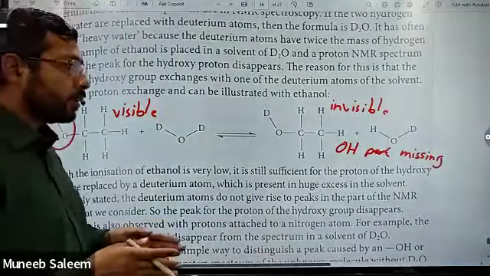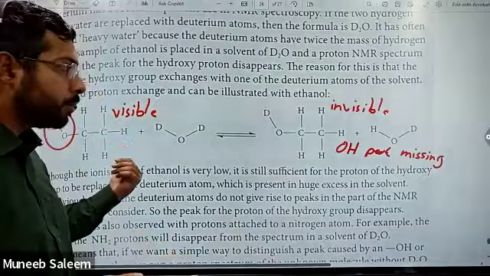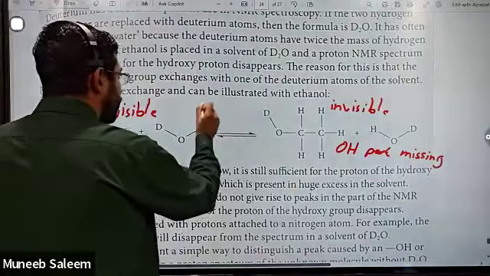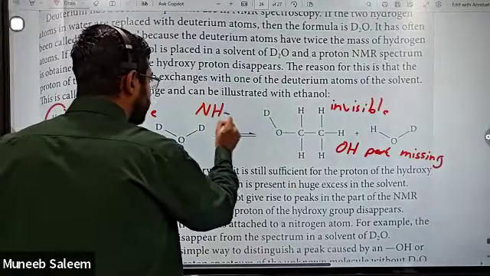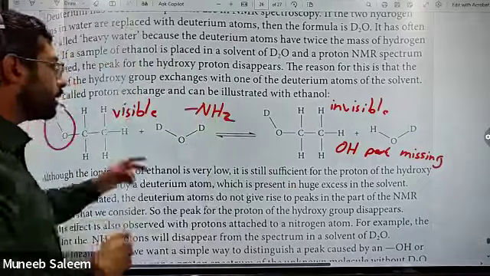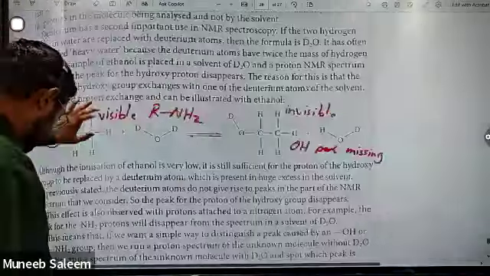And that missing of the peak will help you to identify whether the compound is alcohol type or it could be amine. In fact, you can also have the same phenomena in case of the amine compounds, NH2 bonded with the alkyl groups.